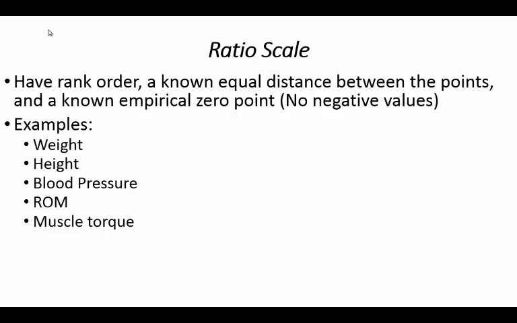Blood pressure is never negative. If there is no blood pressure, if the person is dead, then blood pressure is 0. Range of motion can be 0. If the joint is very stiff, it doesn't move, but it cannot be negative. Actually, in range of motion, I have to take this back.